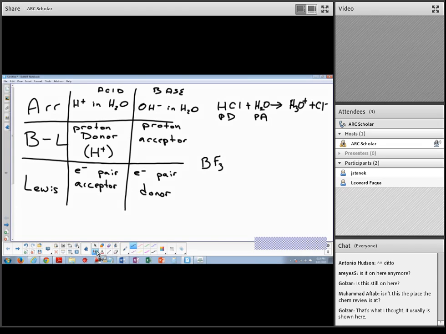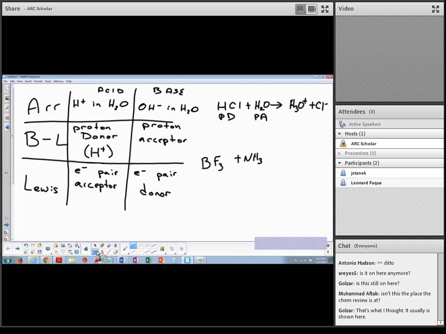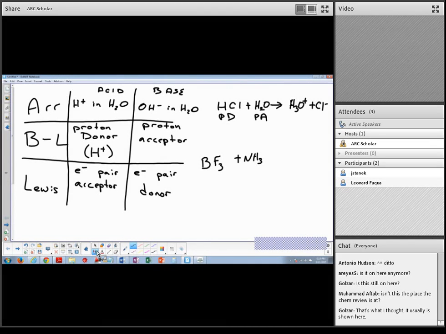Let's see here. If I were to put this in with ammonia, is a reaction going to happen? A reaction does happen. In this case, we're going to be forming BF3 bonding to the nitrogen.